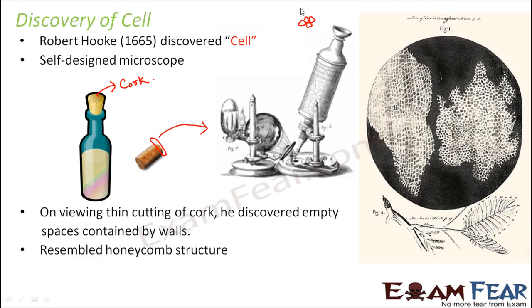So he not only experimented with this cork. This was the first thing that struck his mind. When he saw this, he wanted to understand what exactly these empty spaces and walls are. So he experimented with many other cells which were living. Now he started observing living cells, and he concluded that every living organism is made up of such compartments.